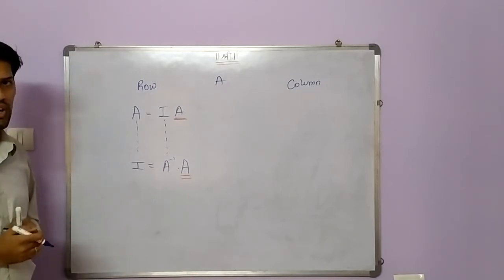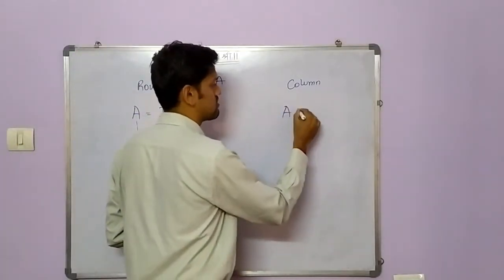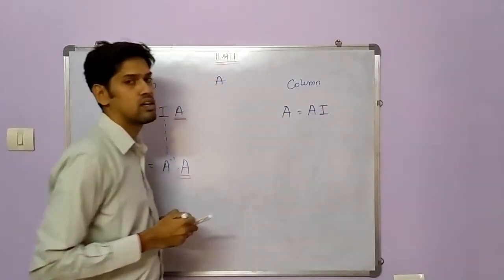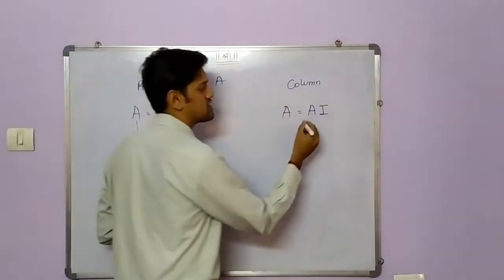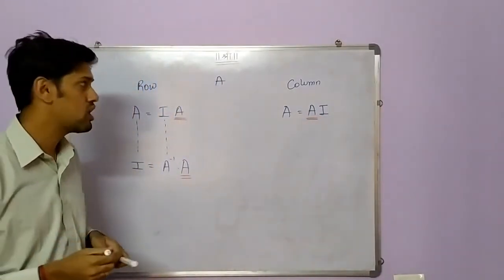When we are doing column transformation, we will write the expression as A is equal to A into I. Here, we will not change anything about this A. We will use column transformation.